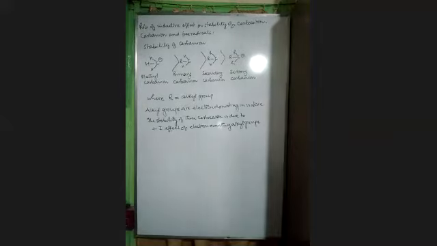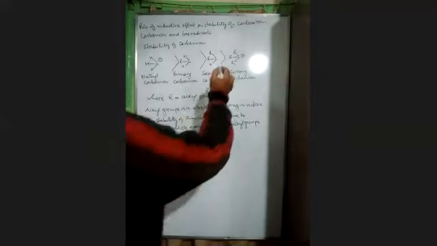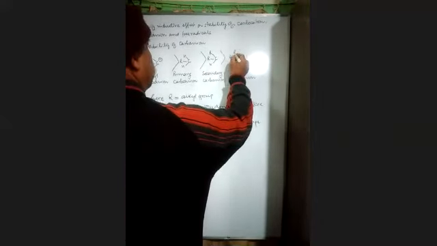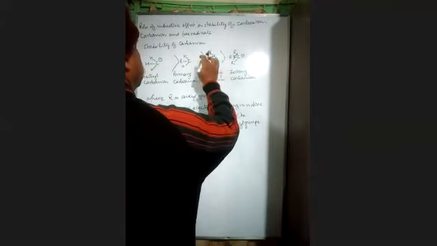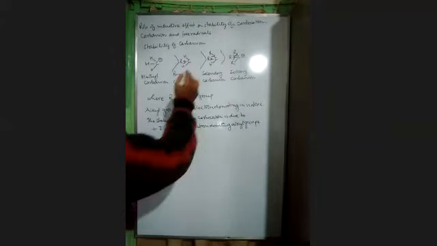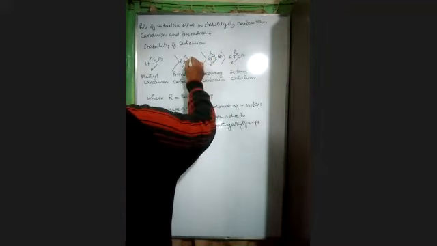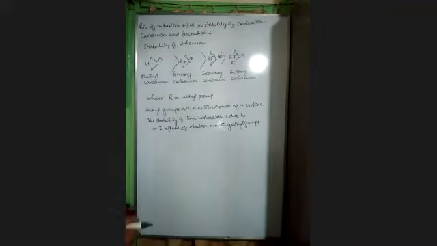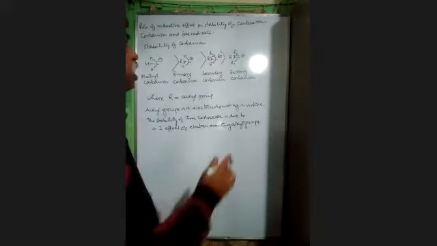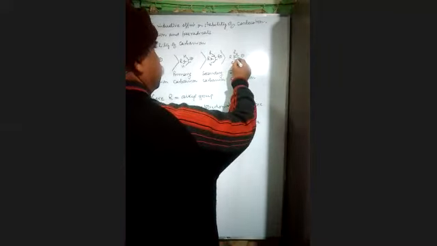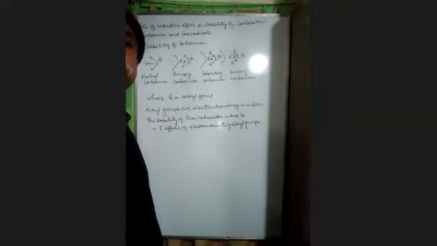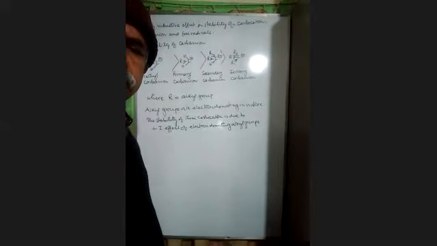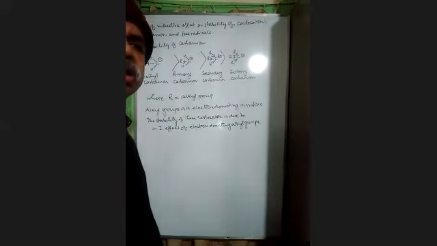See here, this carbon is electron rich. So when three alkyl groups start supplying electron, a huge repulsion takes place. And due to that, it becomes least stable.